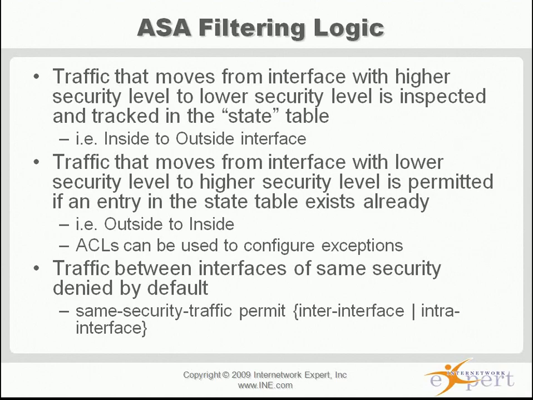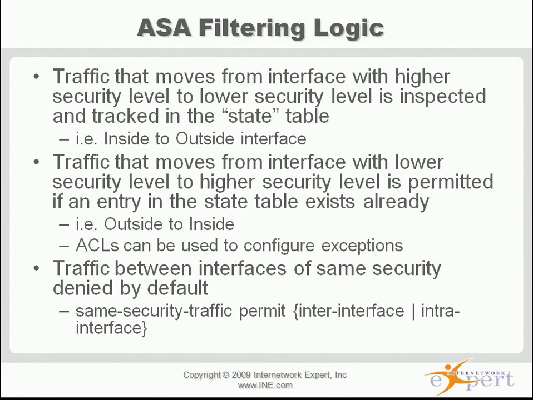Now, in addition to these two, we also have a slightly different case: the possibility of traffic between interfaces of the same security level. I can use 0 to 100, with the possibility of picking the same level for multiple interfaces. Most interfaces when defined are going to default to a security level of 0.